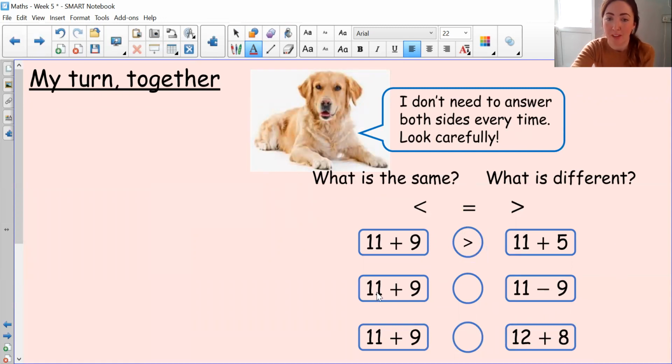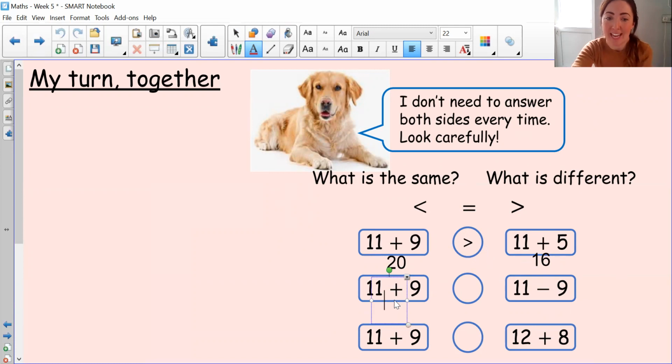Now the next one, 11 add 9 again. I should have worked out to check, didn't I? Well done if you were telling me to stop, because I do need to always check my answers. So 11 add 9 equals 20, and 11 add 5 equals 16. So yes, 20 is greater than 16.